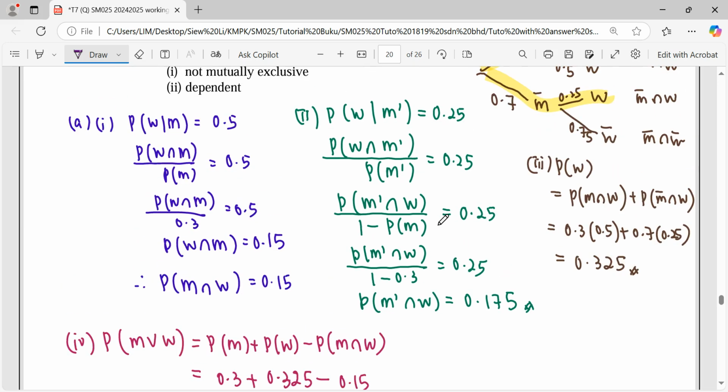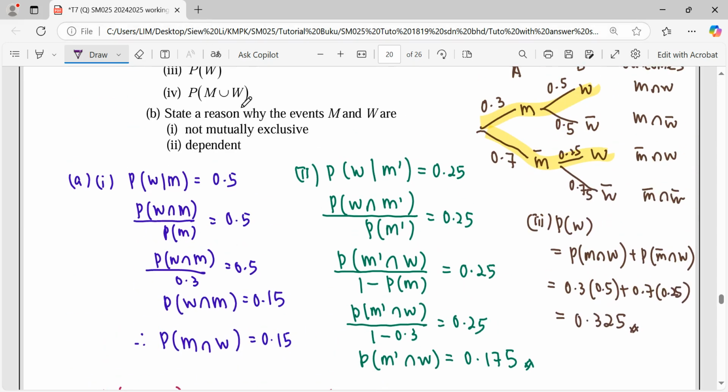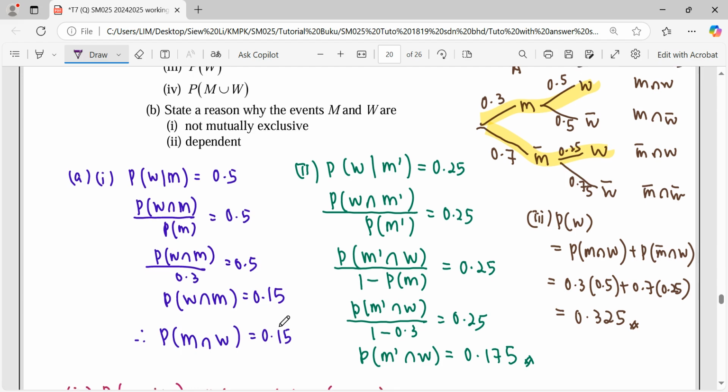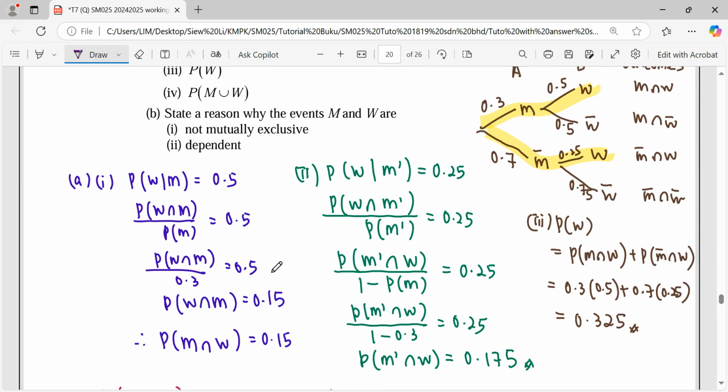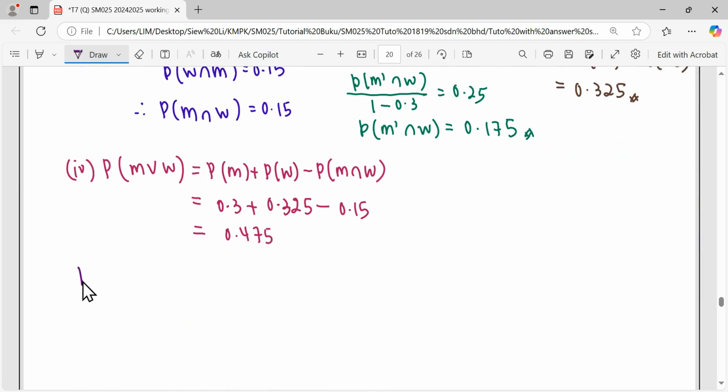Next, state the reason why the events M and W are not mutually exclusive. If you want to determine mutually exclusive, we look at their intersection. The intersection of M and W is not equal to 0. Therefore, they are not mutually exclusive.